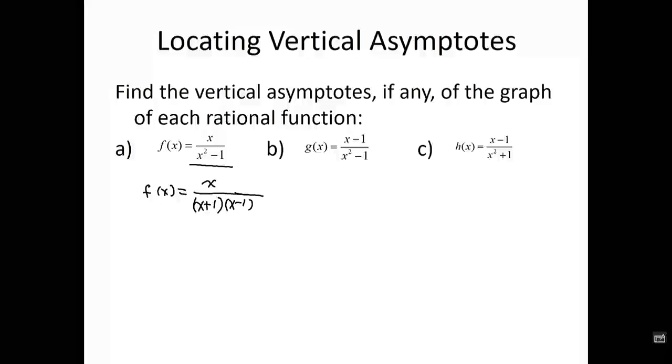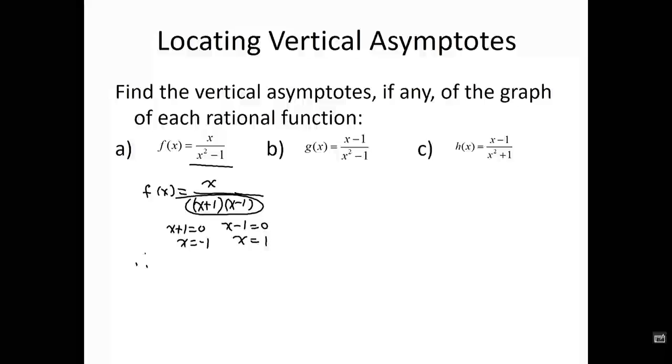And we see that x plus 1 is equal to 0 when x is equal to negative 1. x minus 1 is equal to 0 when x is 1. So the denominator will be 0 when x is negative 1 and when x is equal to 1.